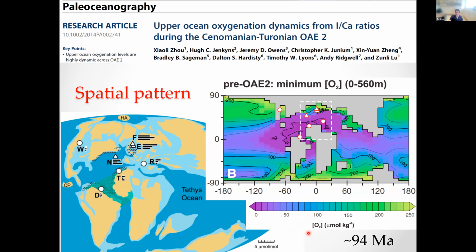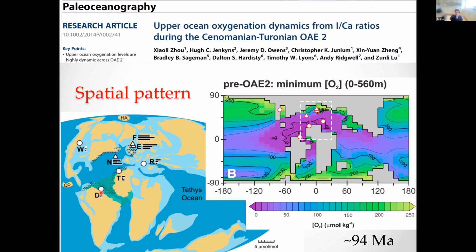From there, I want to show you a little bit more how we can potentially use iodine to look at a spatial pattern in the ocean. This is a study that we did for the Mesozoic oceanic anoxic event, for the Cenomanian-Turonian transition.